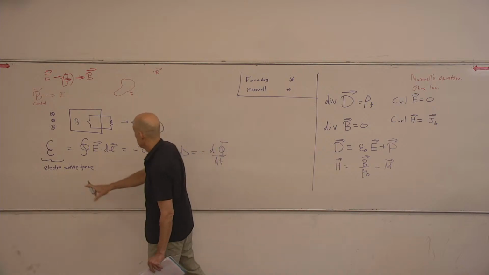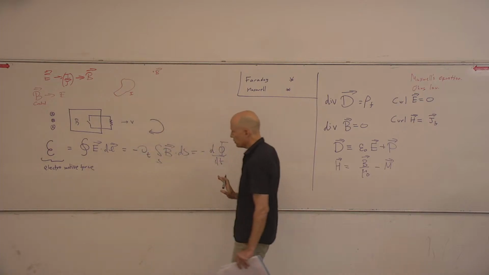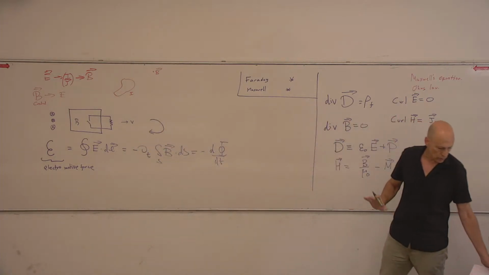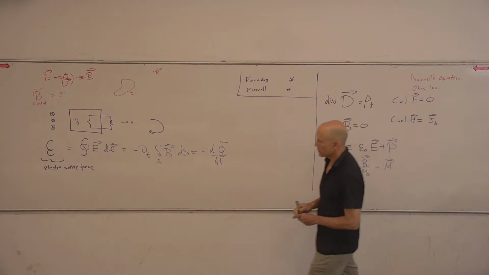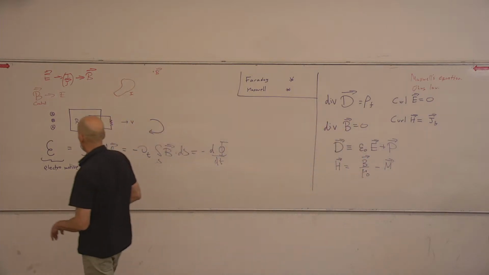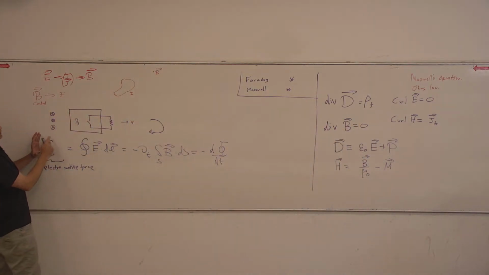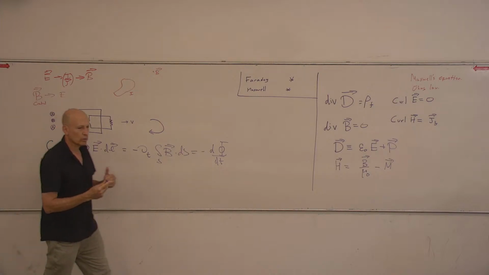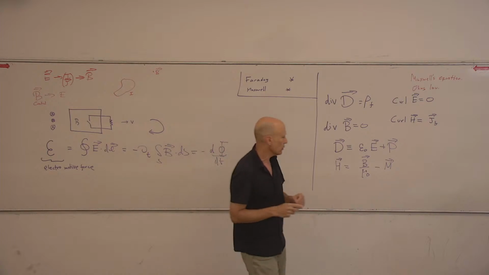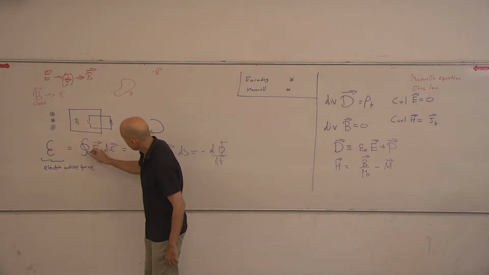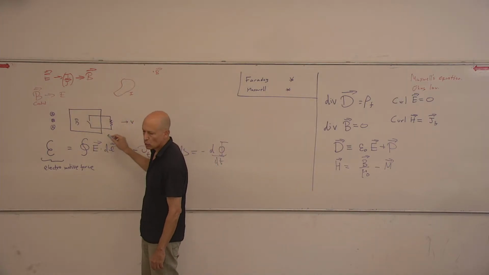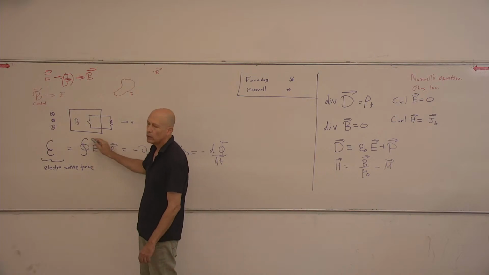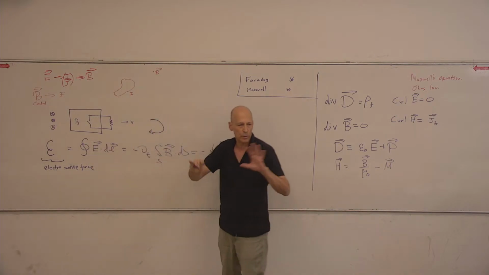Okay, so there are four parts to this equation, and let us try to discuss them the best I can. First of all, what do we have here? This loop is physically this loop, but in reality it can be any Ampèrian loop you want in free space.